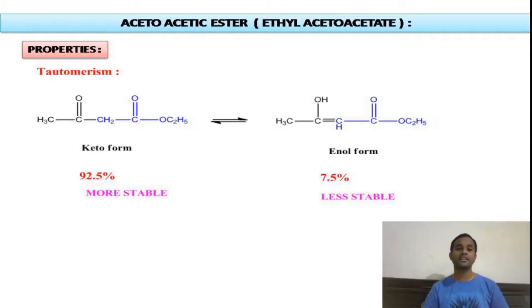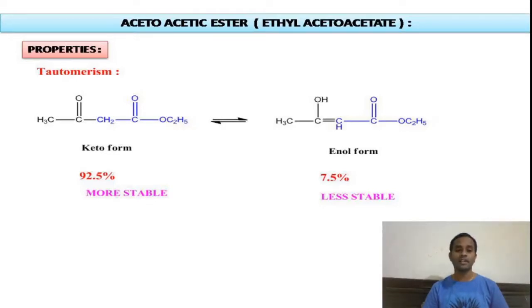Here the keto form is more stable. For this dynamic equilibrium, 92.5% of the compound will exist in the keto form, whereas the remaining 7.5% will be in the enolic form.